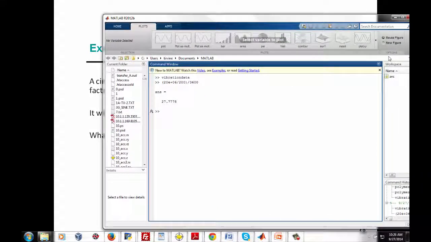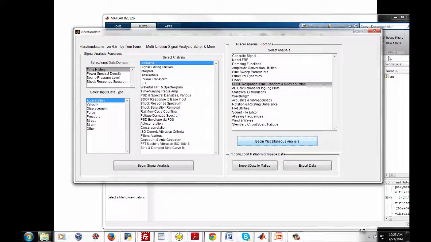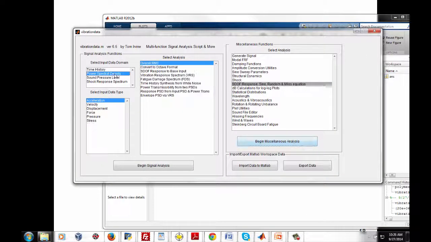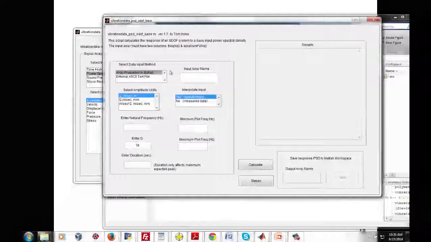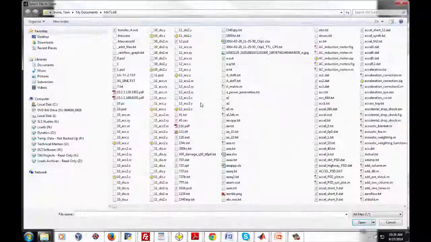Now, today we've used Miles' equation, and that's to just kind of harmonize ourselves with what Steinberg has in his text. But I want to show you the better method here, better than Miles' method. So let's have a PSD input, and we're going to do a single degree of freedom response to the base input. This is a review exercise, we've done this before. And we're going to say that our input is the NavMat base input.